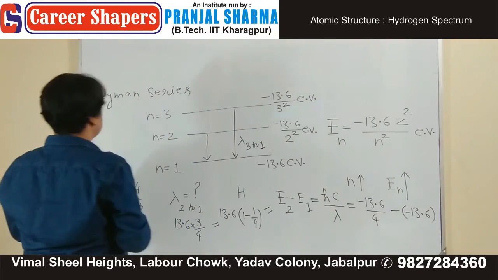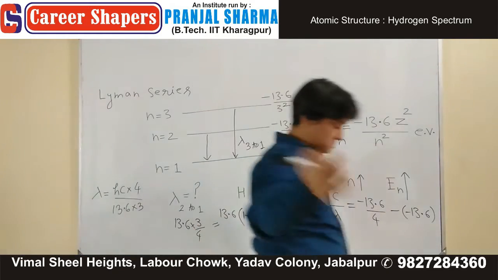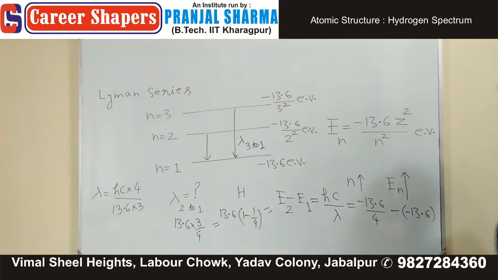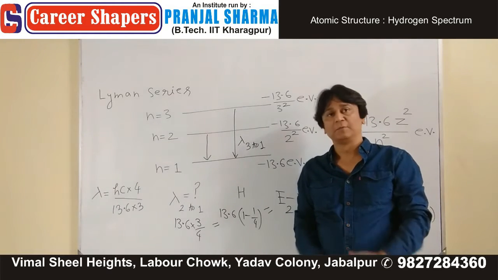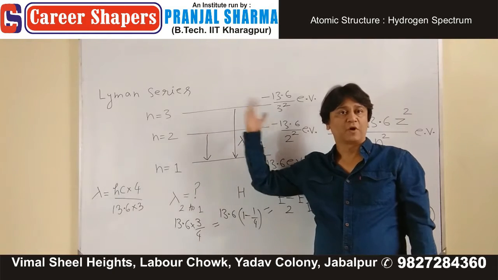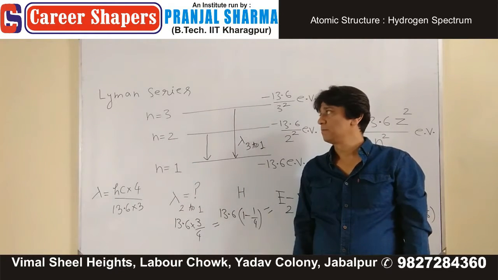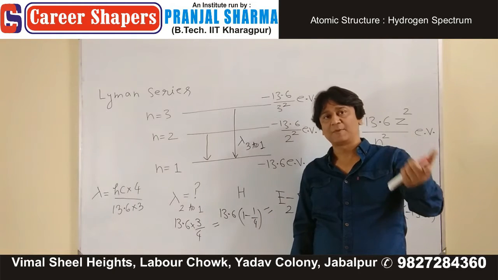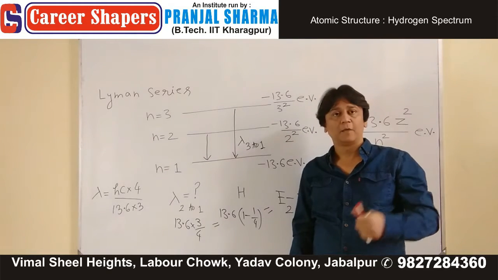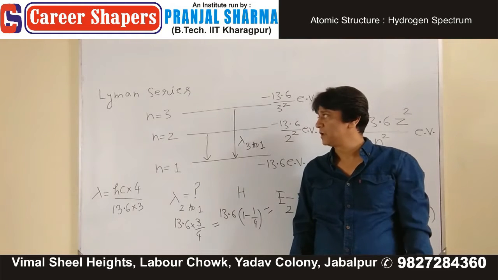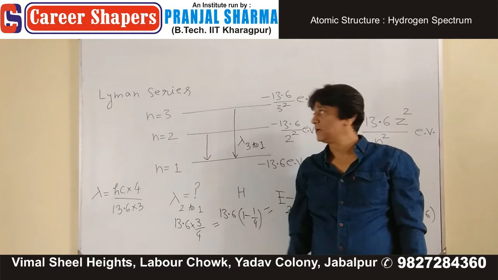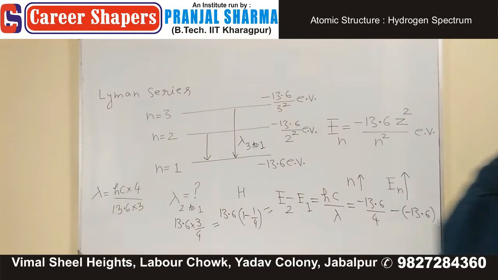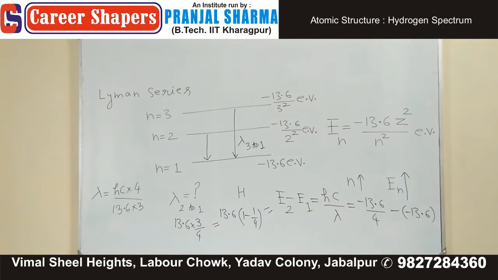Now, the second question, again, do you have the idea of the profile of the Lyman series? Does it lie in the visible range, infrared, ultraviolet? Again, something which you can expect in any examination. And I'm just asking if you have the idea of all these things. So what is the profile of the Lyman series? Does it lie in infrared, visible range, or ultraviolet?